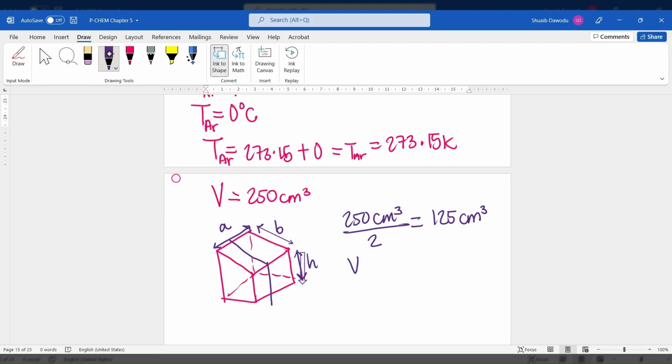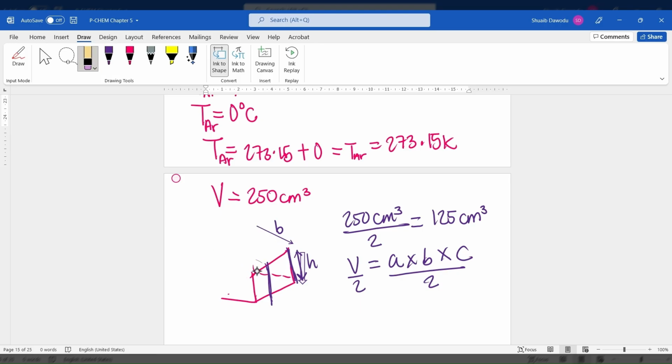So you can see here that volume is just going to be A times B times C. When you cut it into two equal halves, you divide by 2 here, and you just end up with half of the volume. Because we're dividing A, but the breadth B still remains the same, and the height of the container still remains the same, but the length is divided into two. That's why our new volume for each one of the compartments will simply be that.